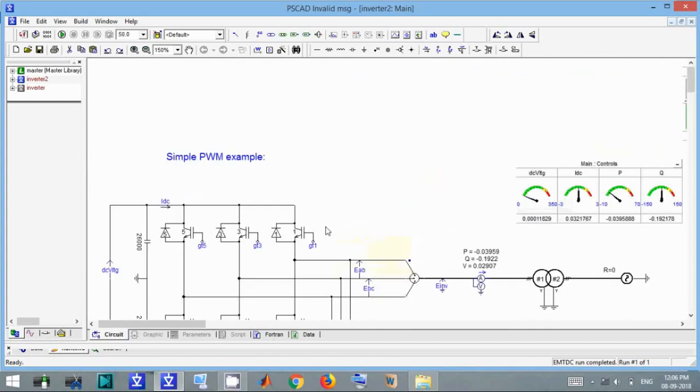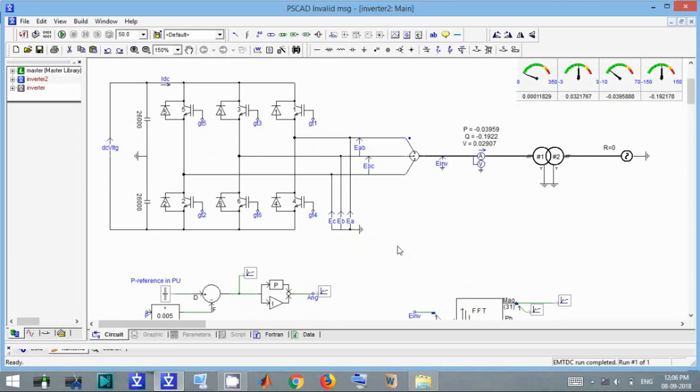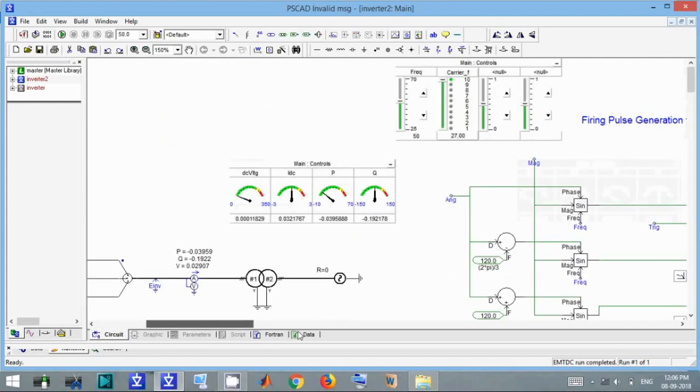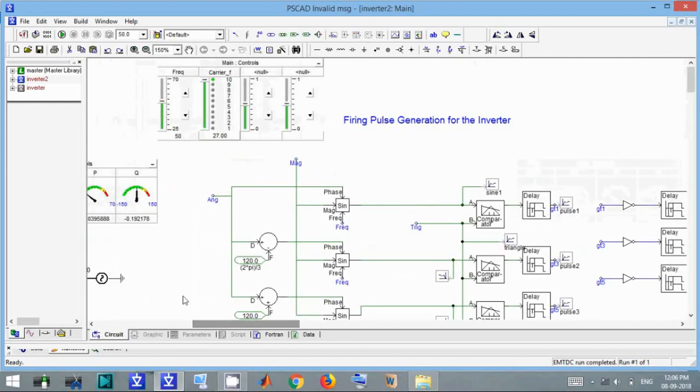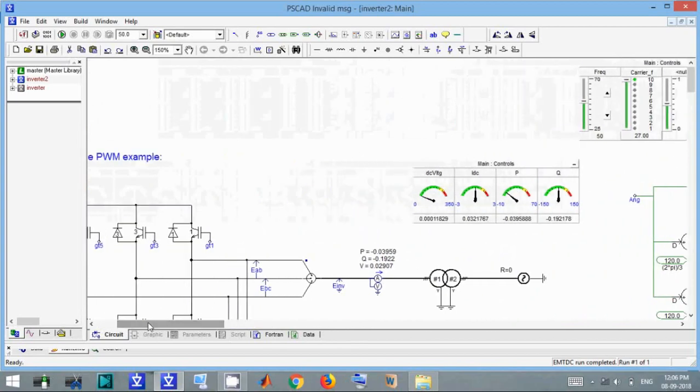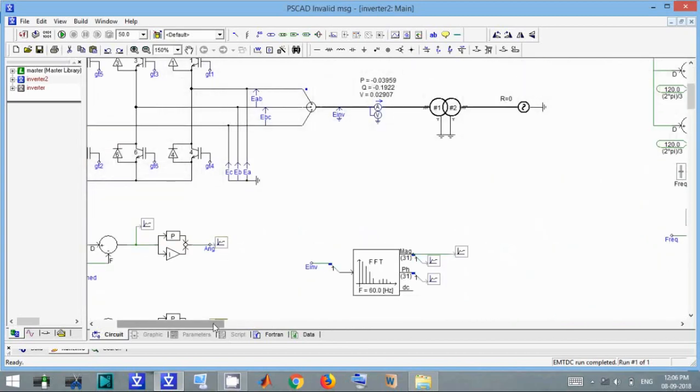So I think this is clear for the control logic of both open loop and closed loop systems of a voltage source inverter.